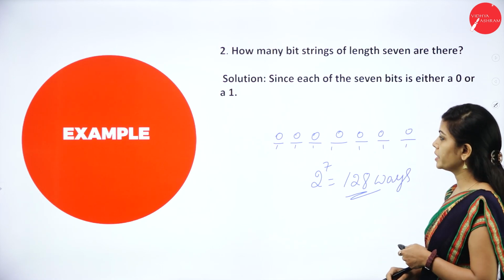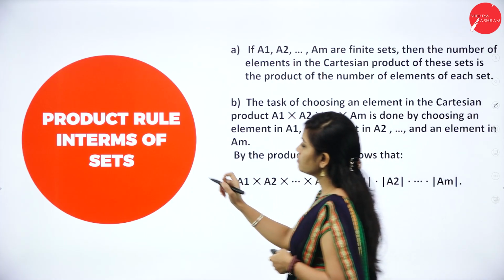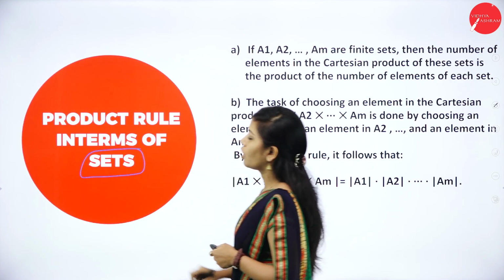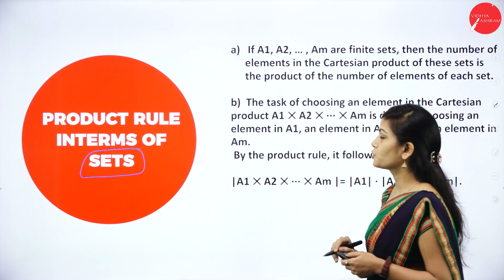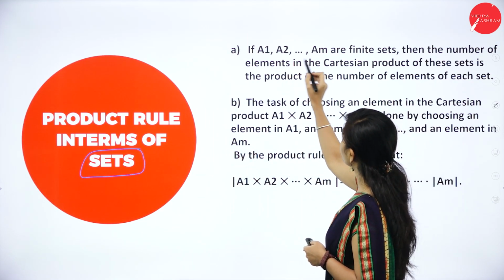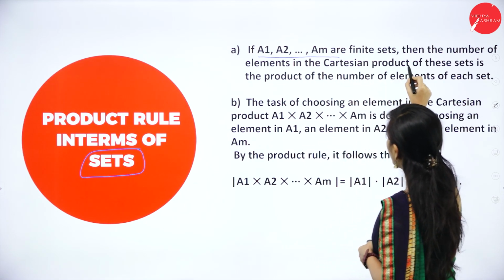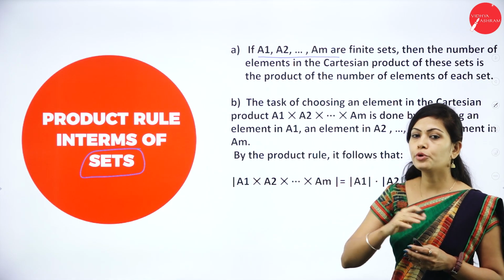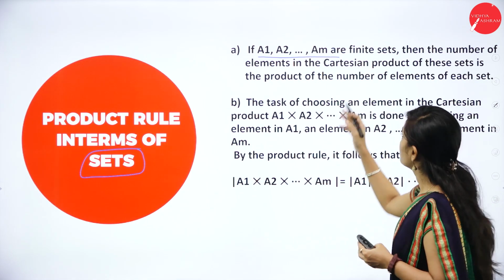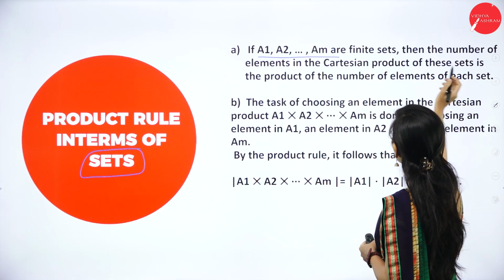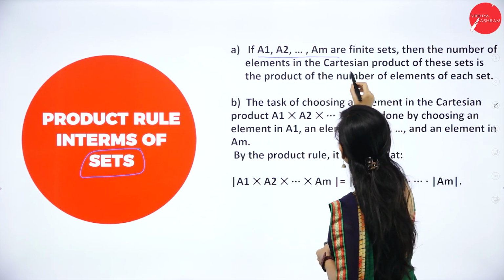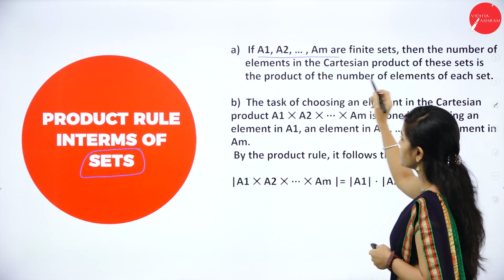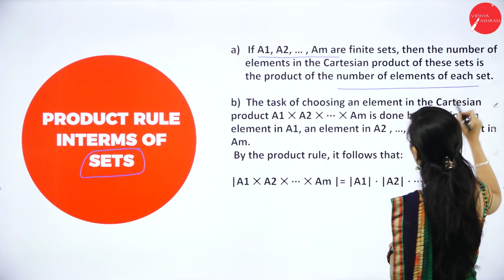The next concept is the product rule in terms of sets. How will you write the product rule in terms of sets? A1, A2 up to Am are finite sets. Then the number of elements in the Cartesian product of these sets is the product of the number of elements of each set.